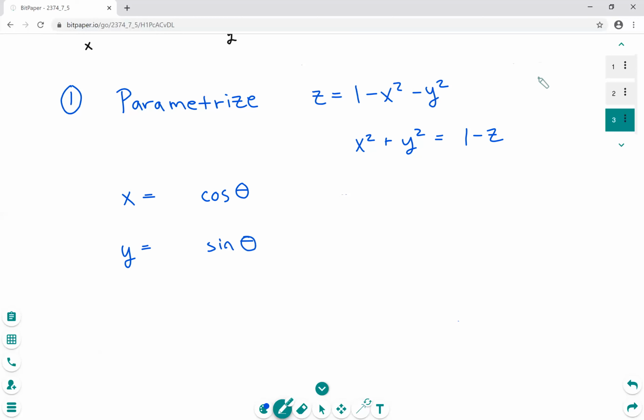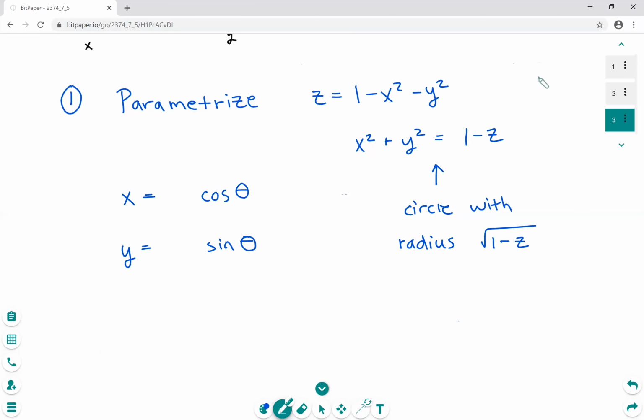Of course, I left this blank here because we need to multiply by the radius of the circle. And now the radius of the circle actually depends on z. And so this is a circle centered at 0, 0 with radius square root of 1 minus z.